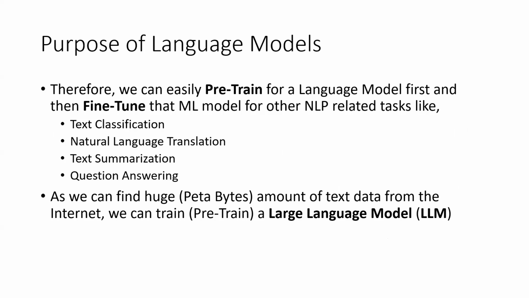So what are the tasks that you can train it for? You can train it for text classification, like sentiment classification, right? And natural language translation, like translating from English to Sinhala or Sinhala to Tamil or something like that. And text summarization, like you get a news article and you can summarize it into several sentences, right?